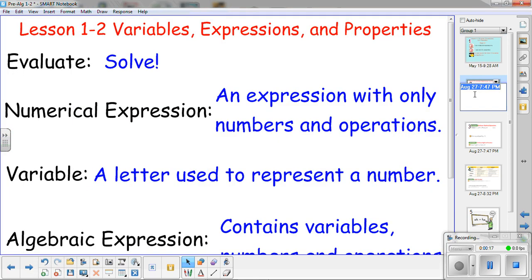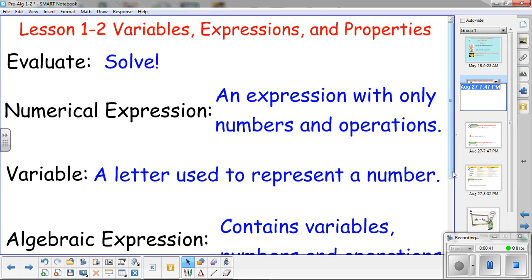We're going to start out with some vocabulary, just to make sure that you know what it is we're talking about in this lesson. When you see evaluate, that's just another word for solve or do the math. A numerical expression is an expression with only numbers and operations. A variable is a letter used to represent a number.